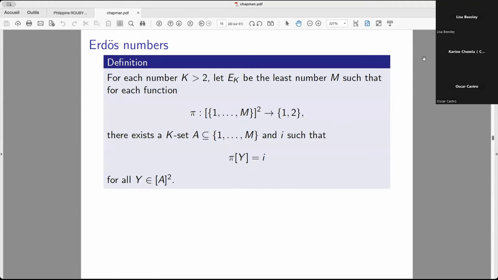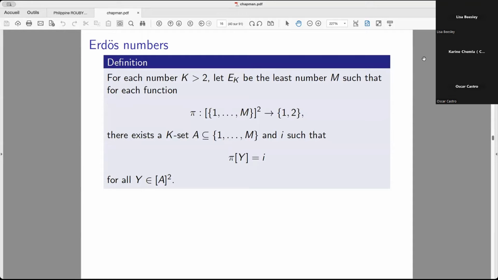So, Erdős numbers. Instead of coloring n sets, we'll color 2 sets. So n is 2. For each number k bigger than 2, we'll let E, for Erdős, E sub k, be the least m that Ramsey's theorem tells us exists for 2.